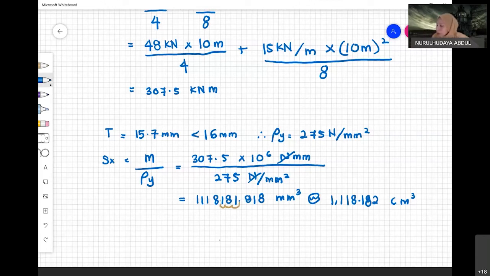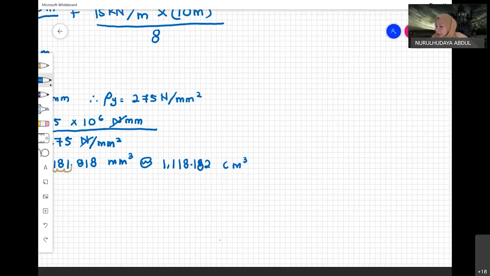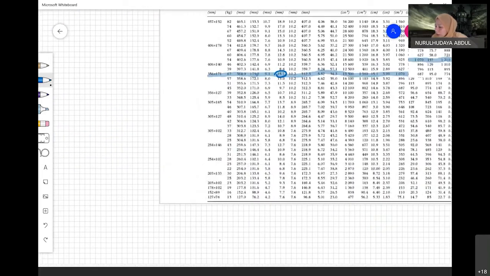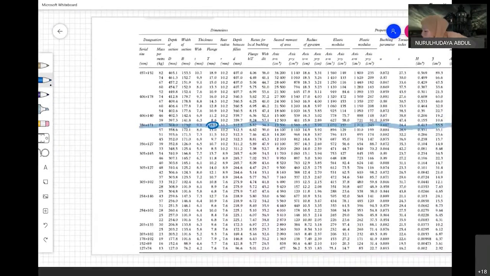Okay, we need to refer to the UB section table again. Look at our section, 1118.182. Now our SX is, wait, let us look first. Okay, SX is the plastic modulus. We must make sure this value is okay. 1210.